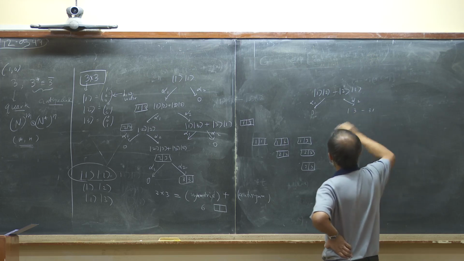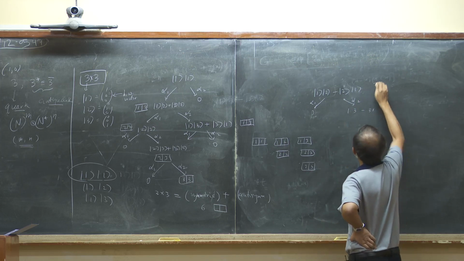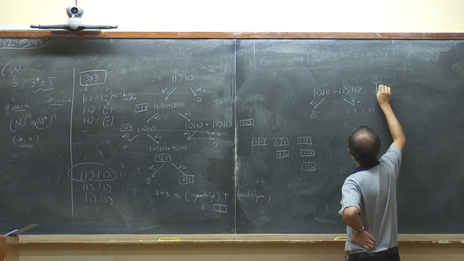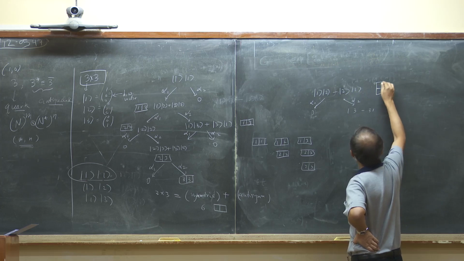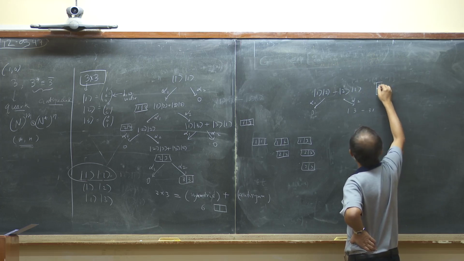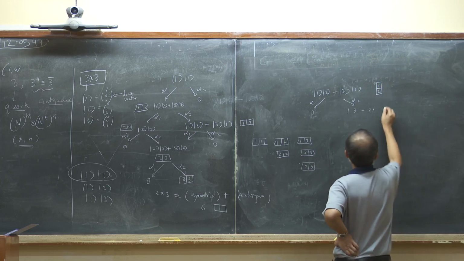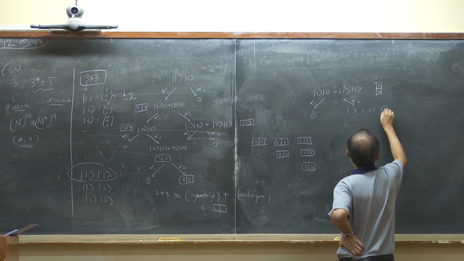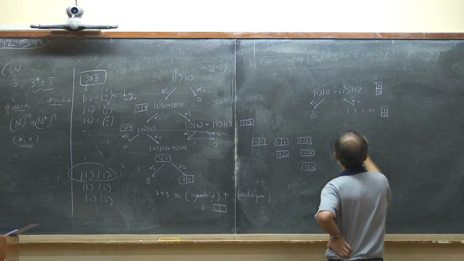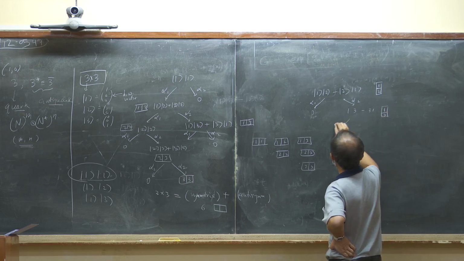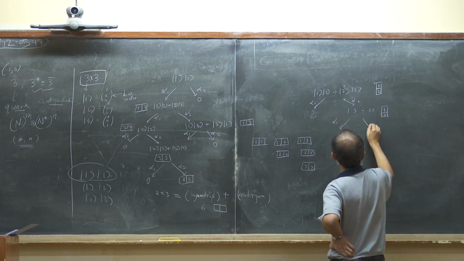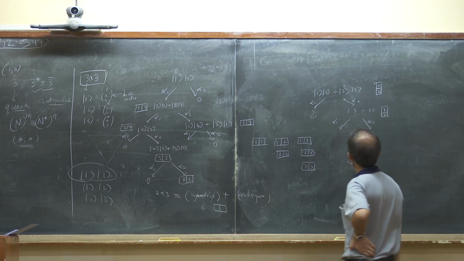Now I'll invent another notation for antisymmetry, and I will call this 1, 2. This I will call 1, 3. And now I will apply alpha 1 and alpha 2 on this.